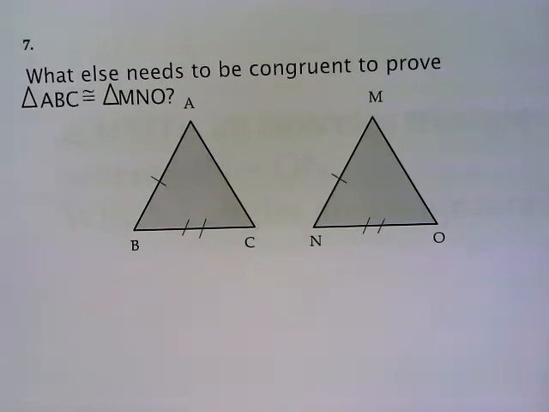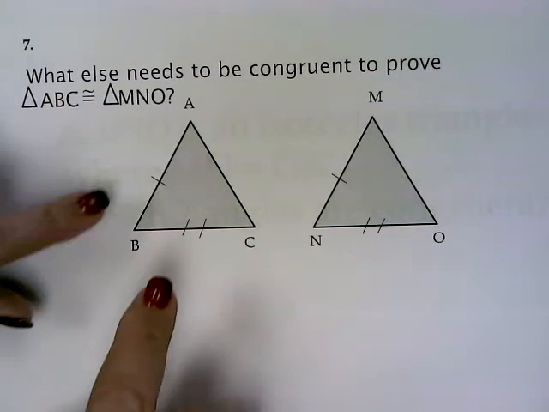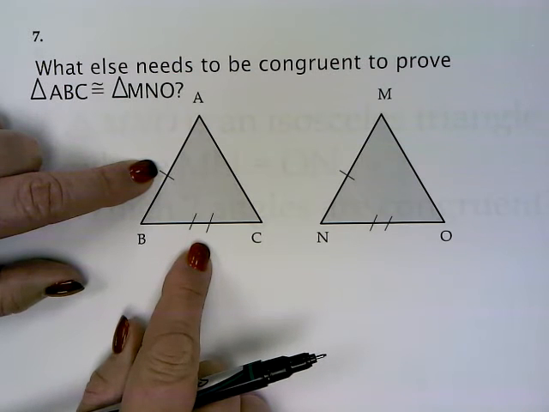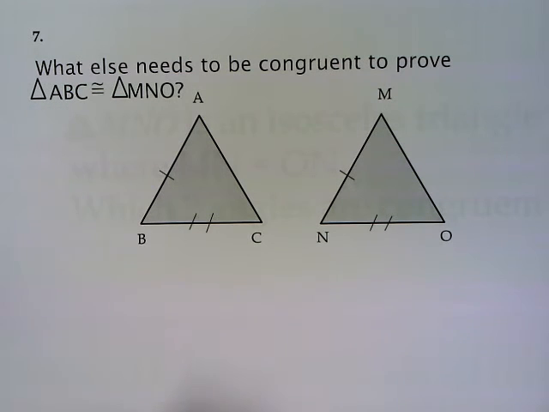All right, just piggybacking off of that, it says, what else needs to be congruent to prove triangle ABC is congruent to triangle MNO? Well, we know that we have a side and we have a side, so what are we missing? Well, remember my 5 things. Angle, angle, side, but I don't have 2 angles. Side, side, side, there's no way to prove my third side.